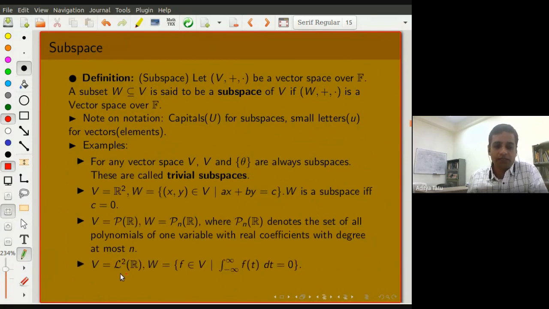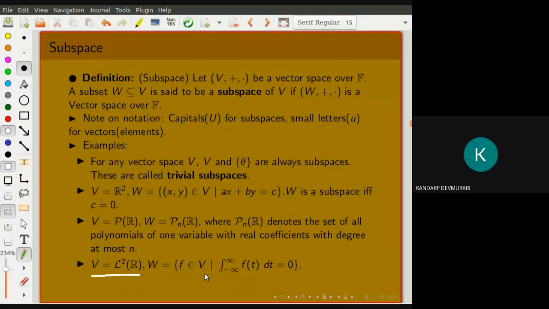Again, trying to give you an example from your signals and systems. Let us consider the set of all finite energy continuous time signals. Can you identify what is W? If you have studied Fourier transform, you should be able to identify this subset W. Power signals? No. Periodic signal?